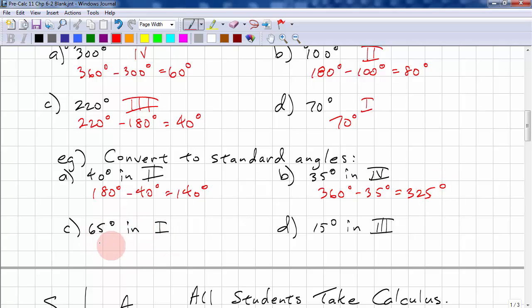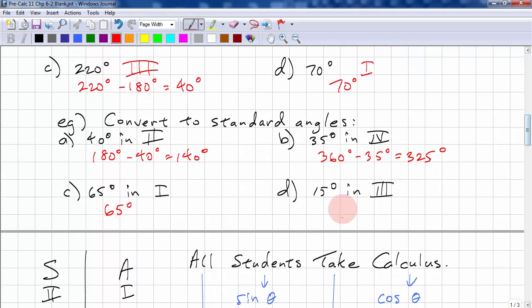And in quadrant 1, that's the simplest one, it's just 65 degrees. And 15 degrees in quadrant 3, that means we need to do 180 plus 15, and that's 195 degrees.